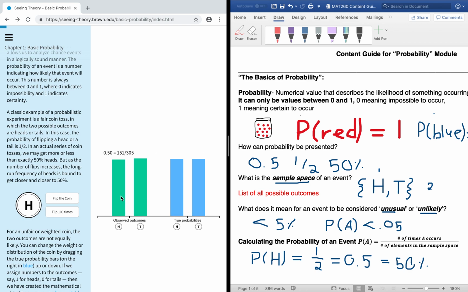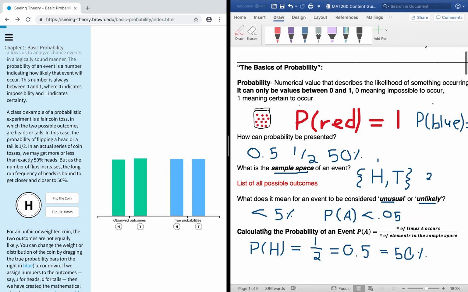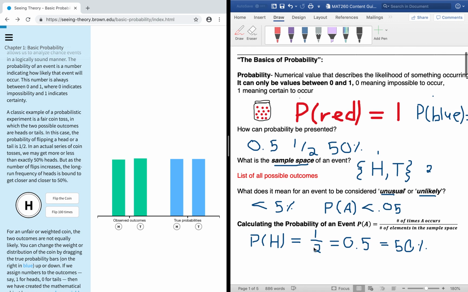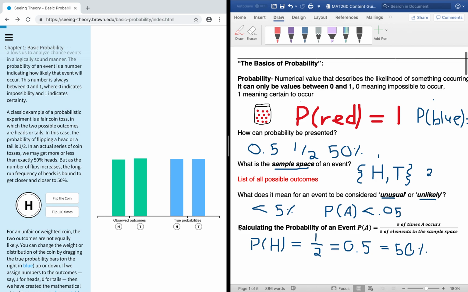So we can say when we flipped it 305 times, the outcomes matched up 50-50 to our true probabilities. So that's what we're trying to do with probability. We're trying to figure out the chances that it should happen, so that way when we're actually observing the outcomes, we can get a good guess of what will actually happen in real life. And that is an introduction to the basics of probability.